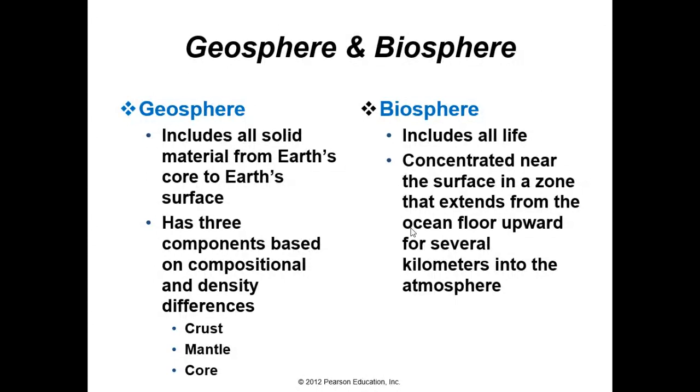The mantle is the part below that, and then the Earth's core, of course, is in the middle of Earth. Each of these different zones has different compositional and chemical differences, so we'll talk about it later in greater detail.